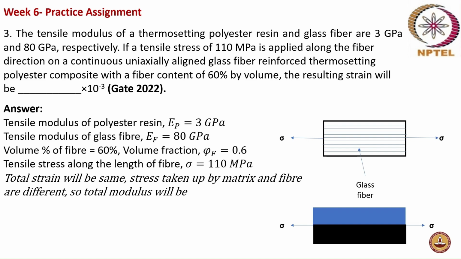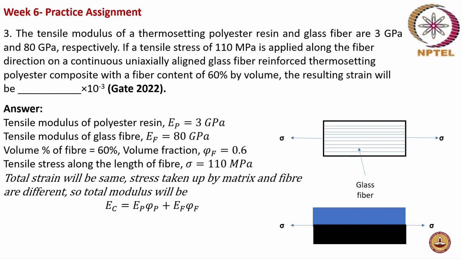That means the load taken up by the fiber and the matrix will be different, right? Because their moduli are different, their capability to share the load will be different. So the total composite modulus will be the matrix modulus times the volume fraction of matrix plus the fiber modulus times the volume fraction of fiber.